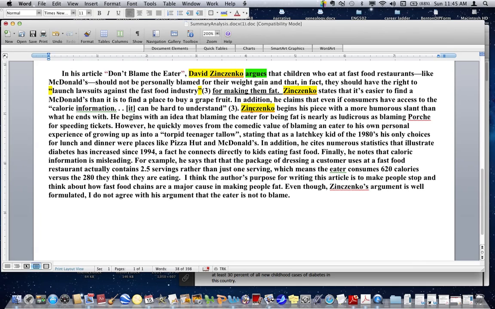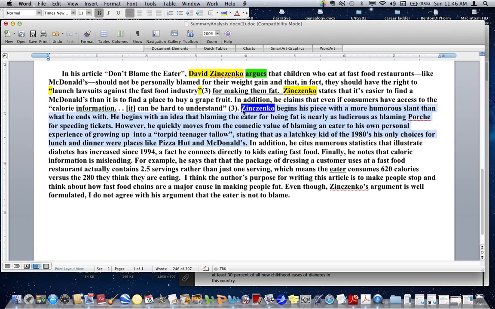Then the next thing, Zinczenko begins his piece with a more humorous slant than what he ends with. He begins with an idea that blaming the eater for being fat is nearly as ludicrous as blaming Porsche for speeding tickets. However, he quickly moves from the comedic value of blaming the eater to his own personal experience of growing up into a torpid teenage tallow, stating that as a latchkey kid of the 1980s, his only choices for lunch and dinner were places like Pizza Hut and McDonald's.